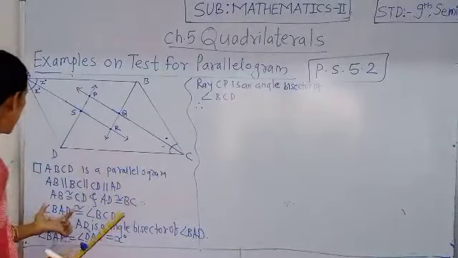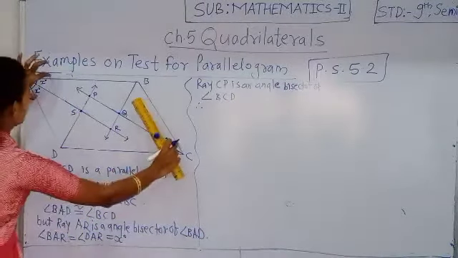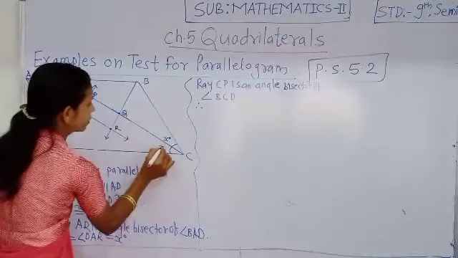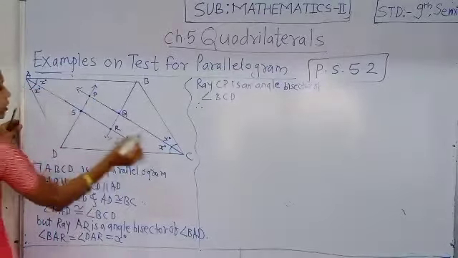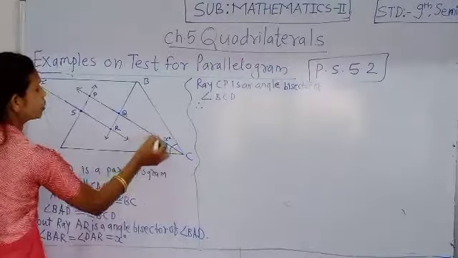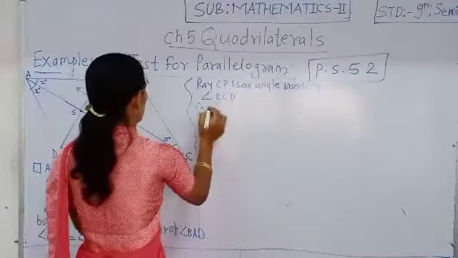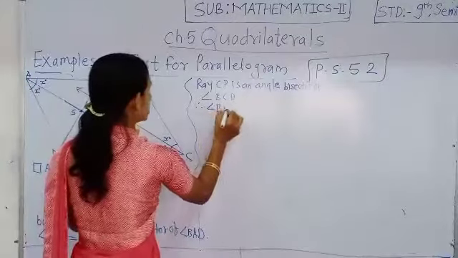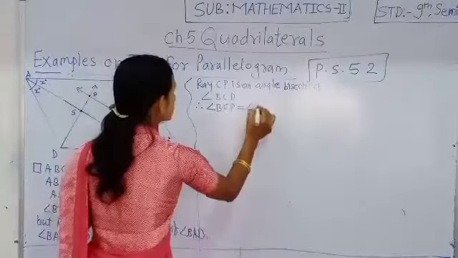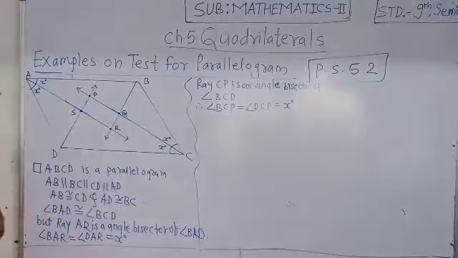But see here angle BAD and angle BCD are congruent. Therefore, these are also of x degree, because opposite angles are congruent, and because of the angle bisector, congruent angles are formed. Therefore, angle BCP congruent angle DCP, that is also of x degree.